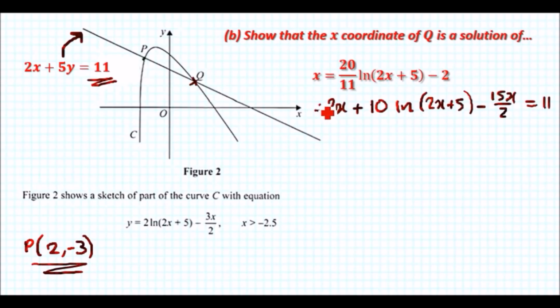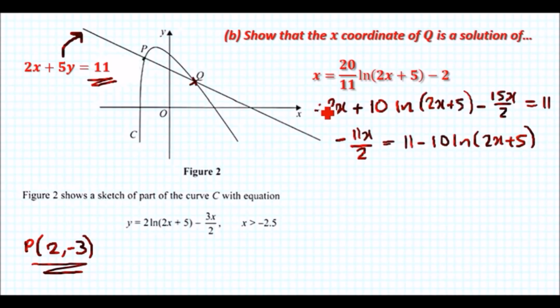So we got 2x take away 15x over 2, which gives us negative 11x over 2. And subtracting 10 log across, we're going to have 11 minus 10 log 2x plus 5. And flipping the signs over, because we want this to be positive.